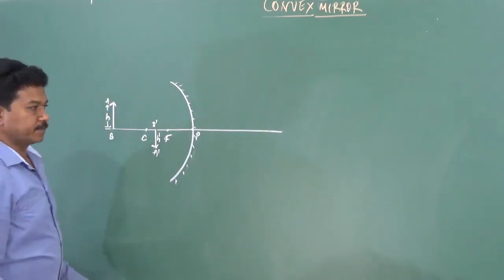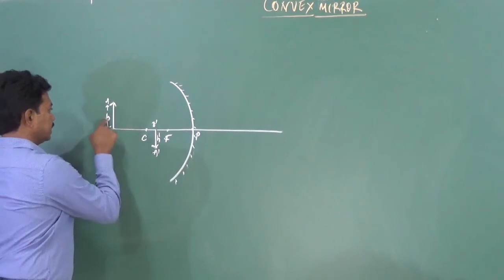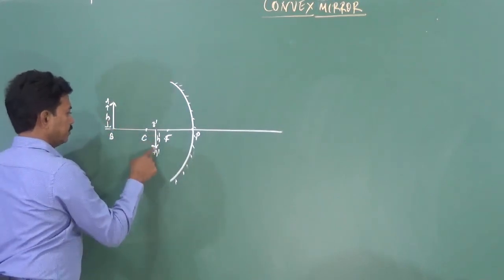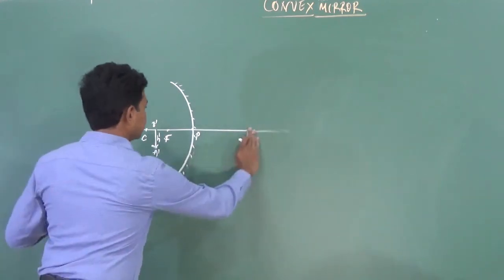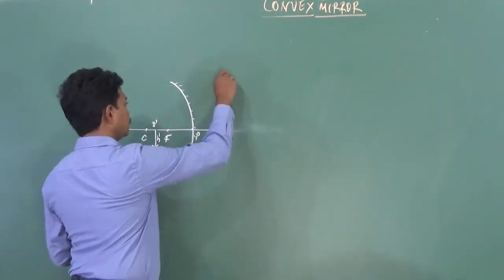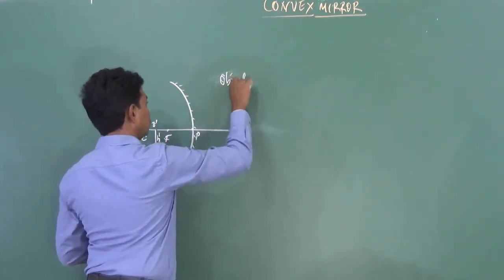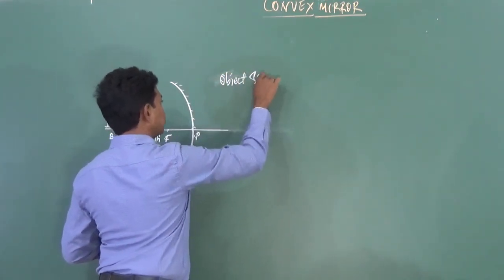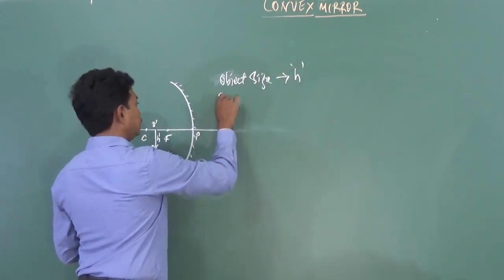That's the symbol for representation of the height or size of the image. The height of the object is taken as H. The height of the image is taken as H dash. You have to remember this. So object height or object size is represented by small letter H. Image size.